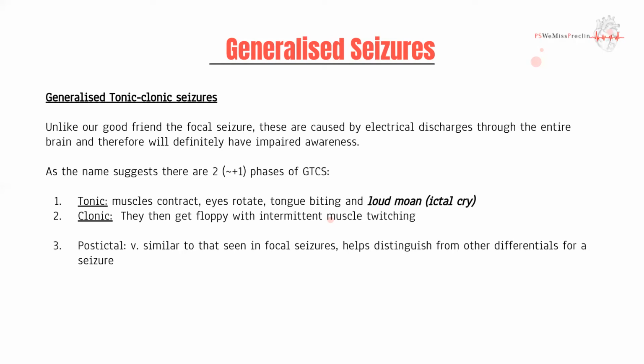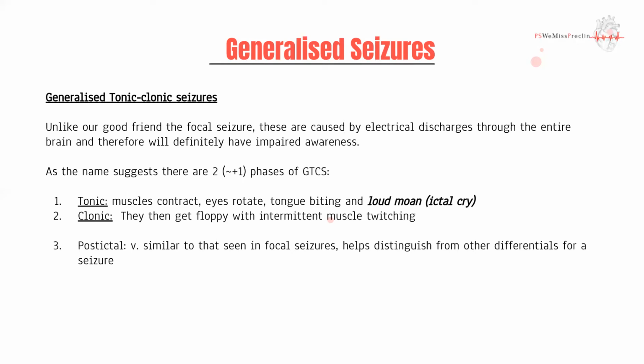You then have the post-ictal phase, right, which is after you've kind of regained your consciousness, but it's very similar to what's seen in focal seizures, and with post-ictal phases, you typically tend to be really tired, lethargic, can't really think straight.